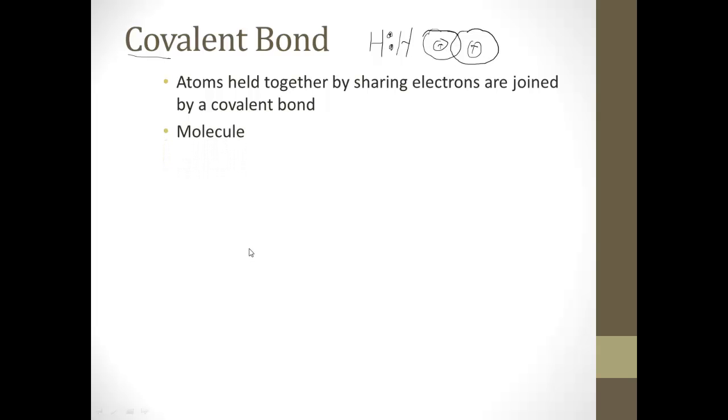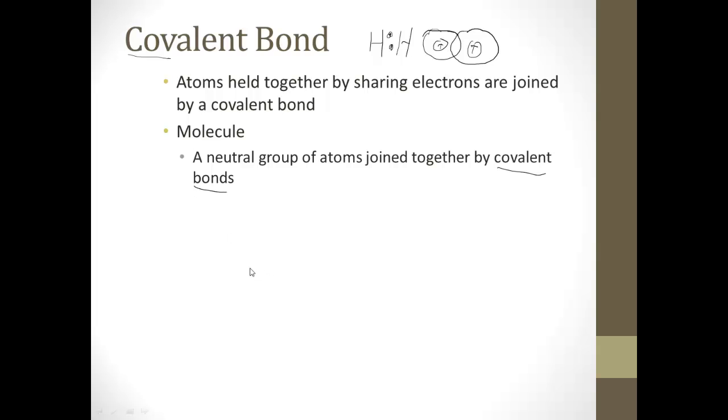All right, so we have these molecules, but just a reminder of the definition. A molecule is a neutral group of atoms joined together by covalent bonds. One type is what's called a diatomic molecule, and that's a molecule consisting of two atoms.